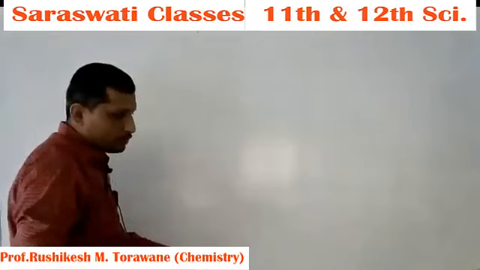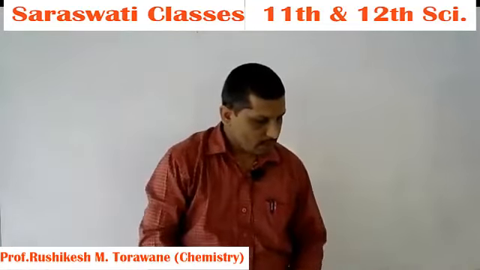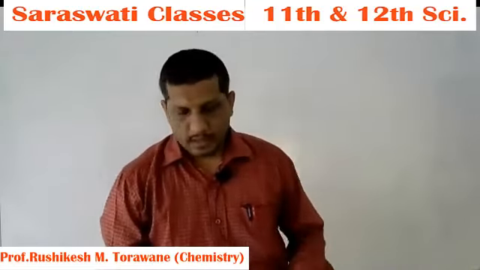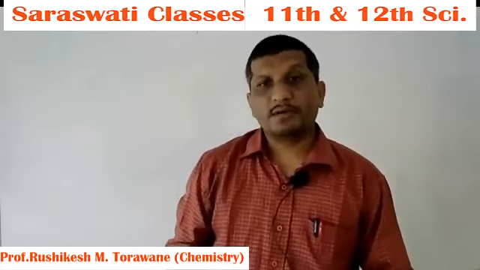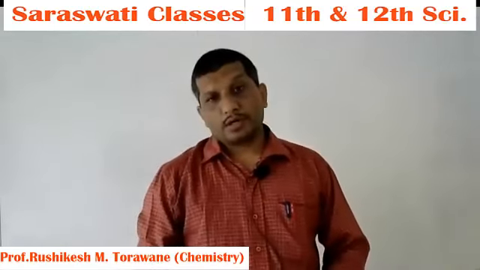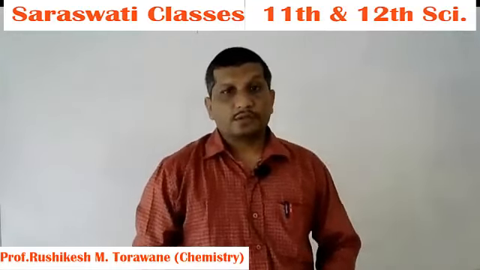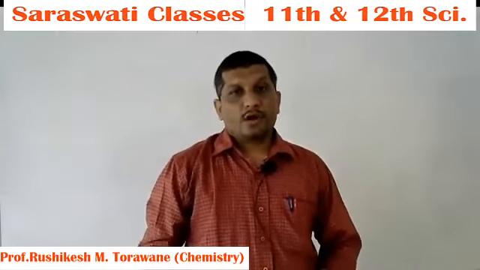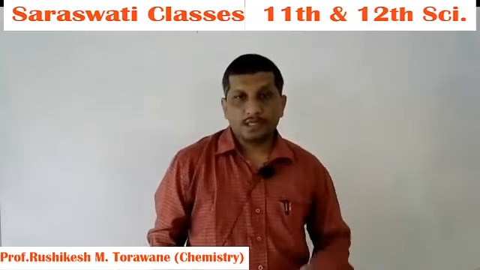Vapor pressure of solutions of liquid in liquids. Firstly, we see Raoult's law. What is Raoult's law? Raoult's law says that the partial vapor pressure is the product of the vapor pressure of the pure component multiplied by the mole fraction of that component in that solution.